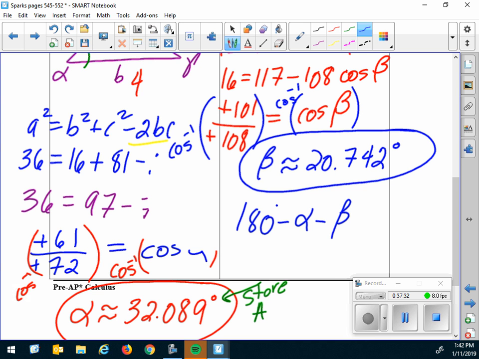You've got this stored, correct? So do 180 minus your A, where you've got alpha, and then minus answer.